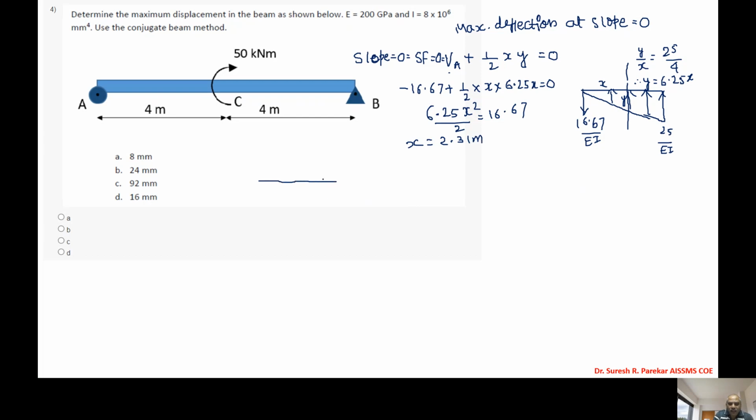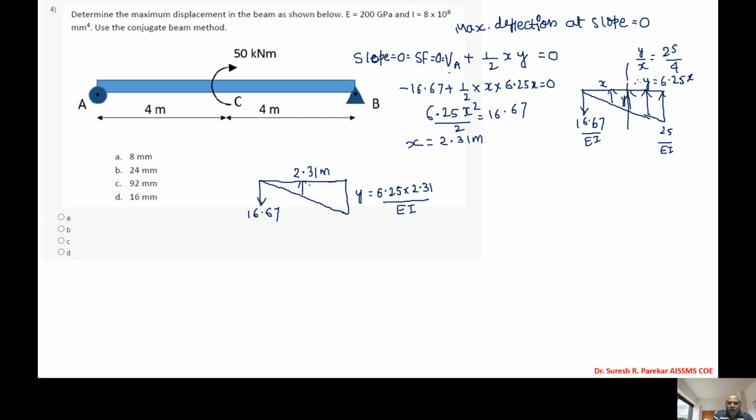Now we will solve this. So we have this as 16.67, now this is 2.31 meters. Now this value we will get as y, which is 6.25 into 2.31, and this is upon EI.